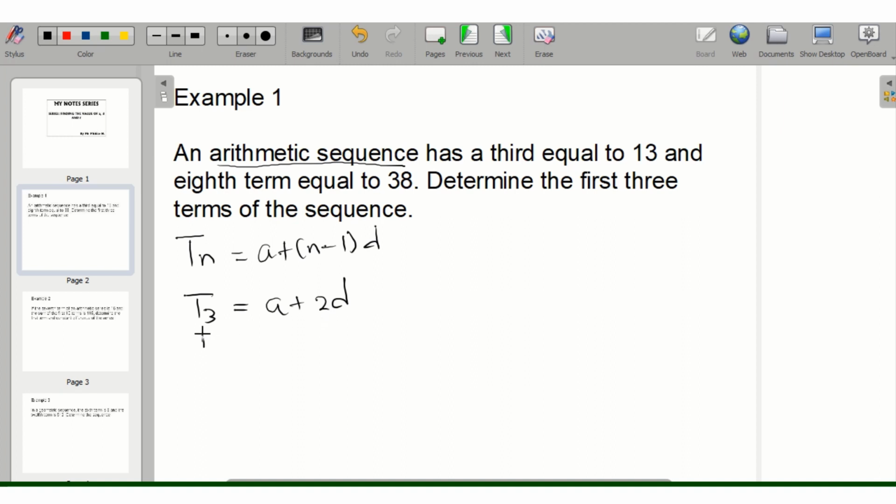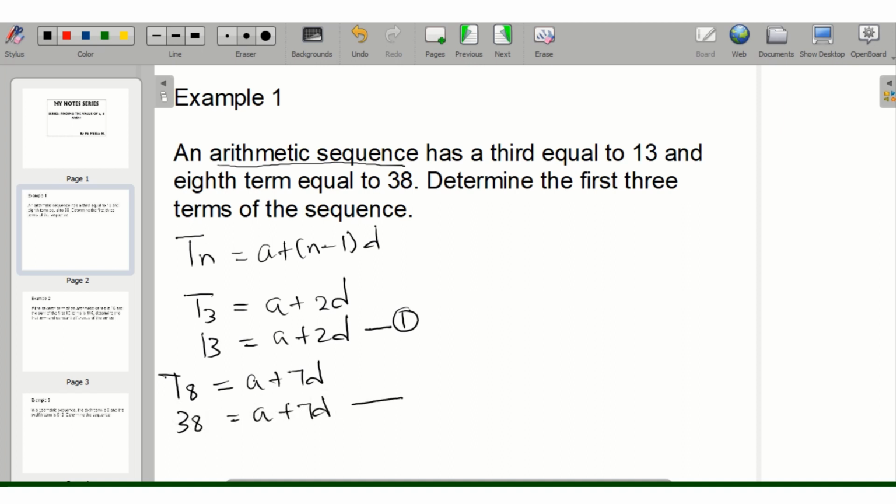They are telling us that the third term is 13, so this is the first equation. And then they also tell us that the eighth, T8, which is a plus 7d, is 38. And this is the second equation.